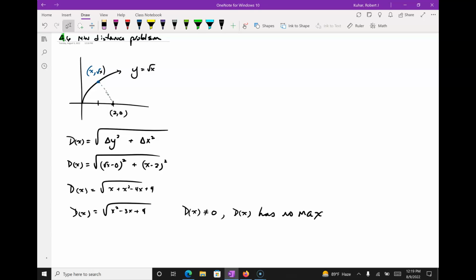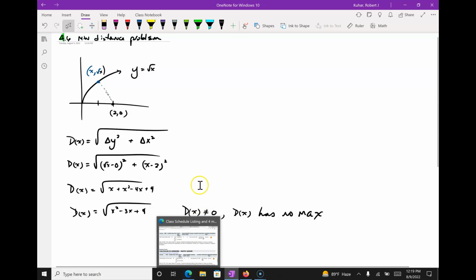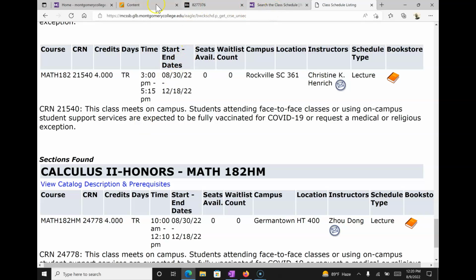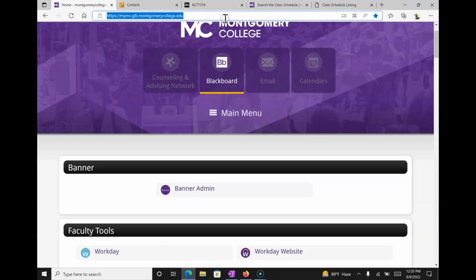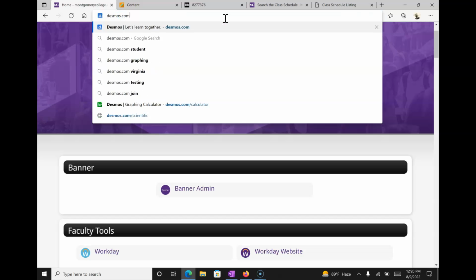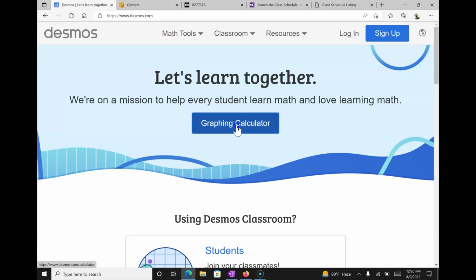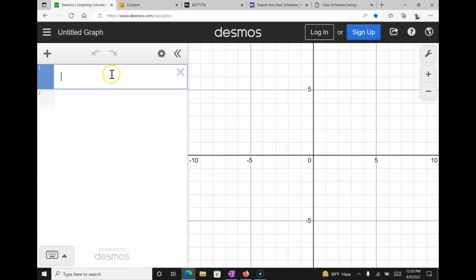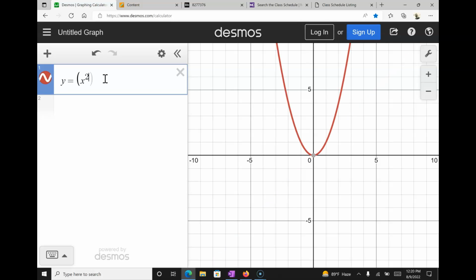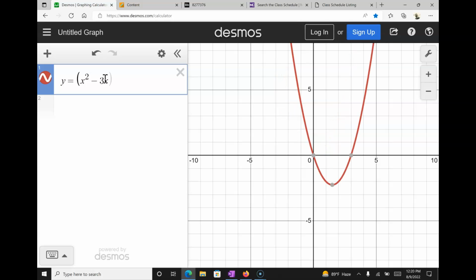Of course, you could tell this distance is never 0 graphically as well. You could graph the whole function, or you could just graph the parabola. So if I just graph the parabola, y equals, and I'm going to put parentheses around it for a reason, x squared minus 3x plus 4.